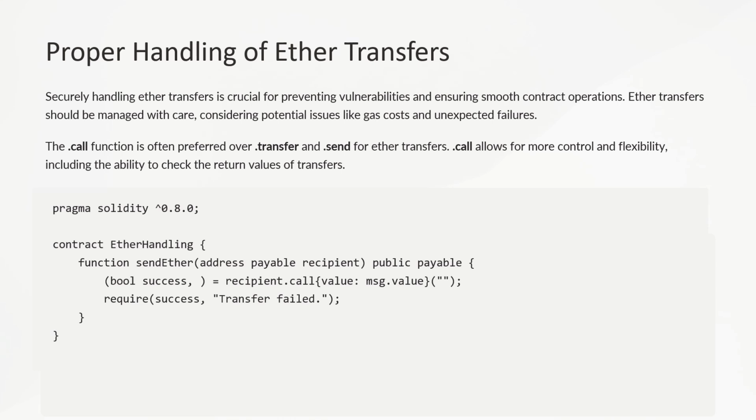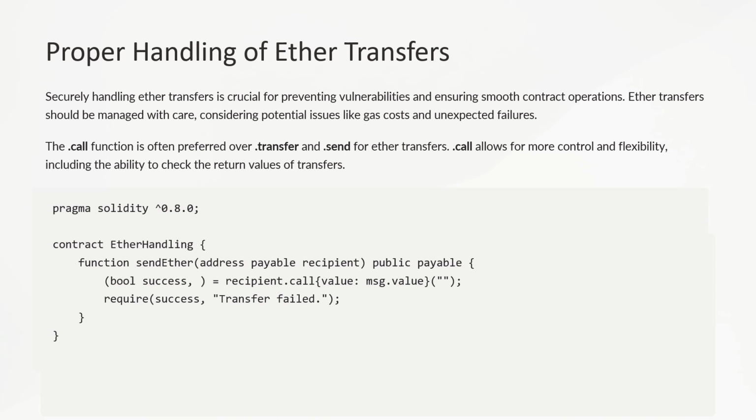Inside the sendEther function, it uses the low-level function recipient.call to transfer the received Ether to the specified recipient address. The .call function allows for more control and flexibility in Ether transfers, giving the ability to check the return values of the transfer. After the Ether transfer, the function employs the line bool success equal to recipient.call to capture the success status of the transfer.